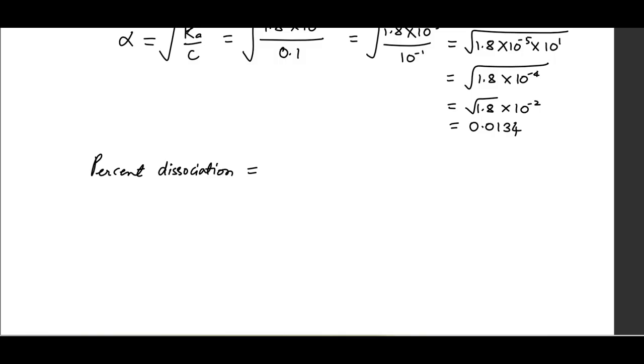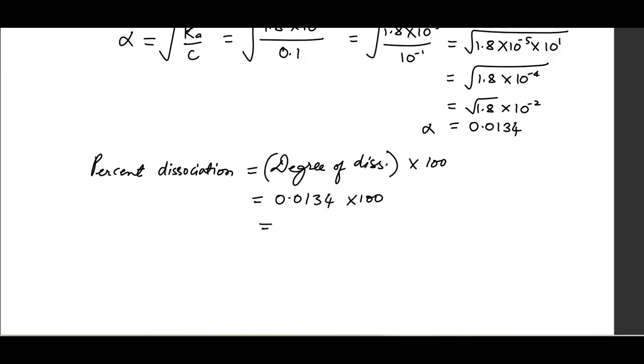But in simple terms we can write it as the degree of dissociation, which is alpha, now calculated, multiplied by 100, right? So it's basically 0.0134 into 100, which is nothing but 1.34% dissociation. So acetic acid is dissociated to a very small extent, 1.34% only, as we discussed earlier.